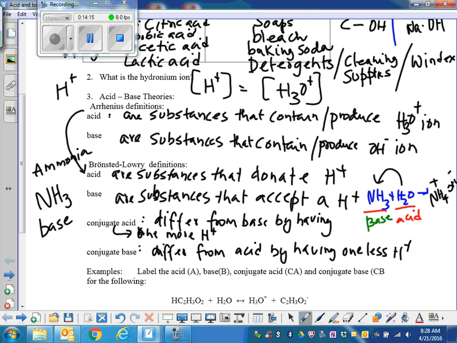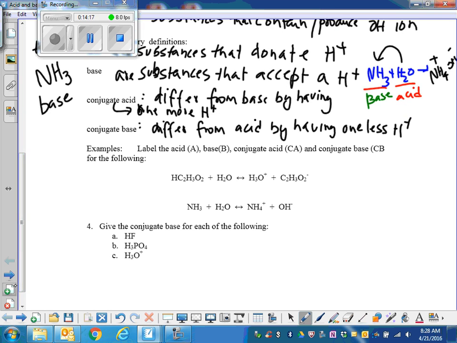So let's look at this reaction. Okay? So this is nothing but acetic acid. This is your vinegar. All right? And it's water. So this is primarily the acid. Yes or no? This is the acid. If this is the acid, what is that? That is the base.